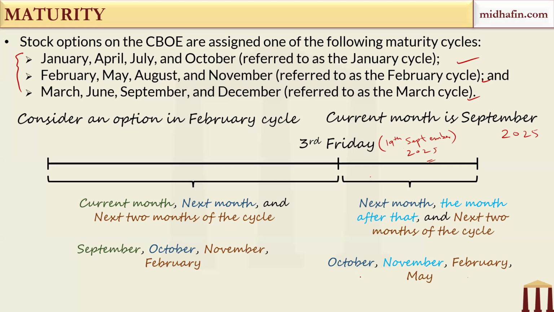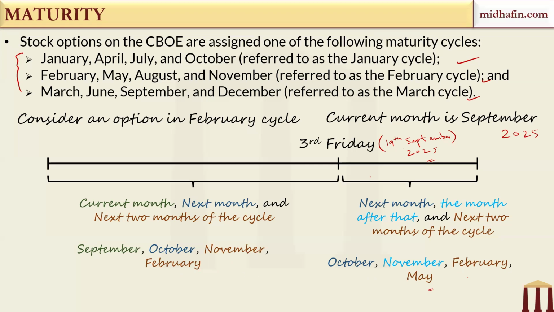Actually, we are getting 8 months in hand. After the third Friday, yes. Before the third Friday, in fact, we have much less. If you see, we are having September, October, November, and February only. Correct.